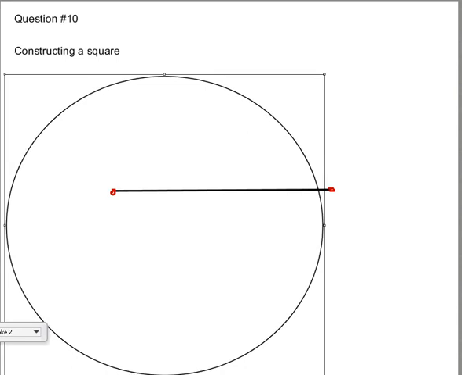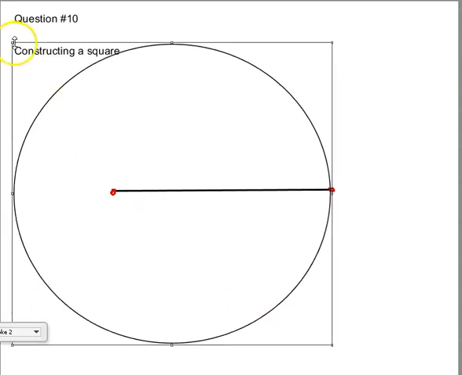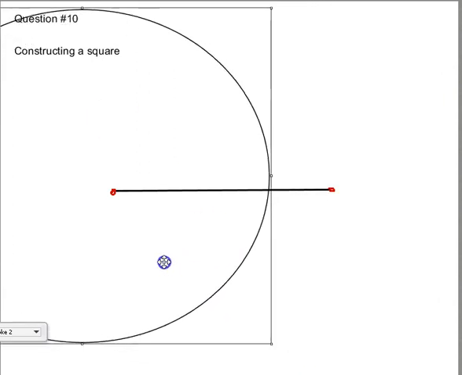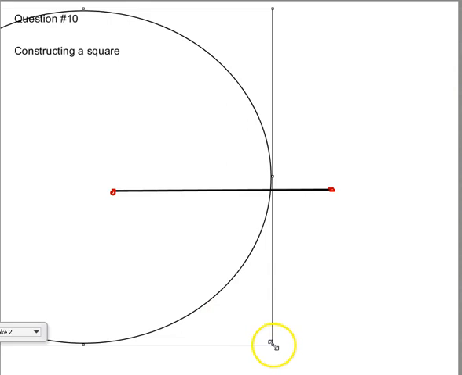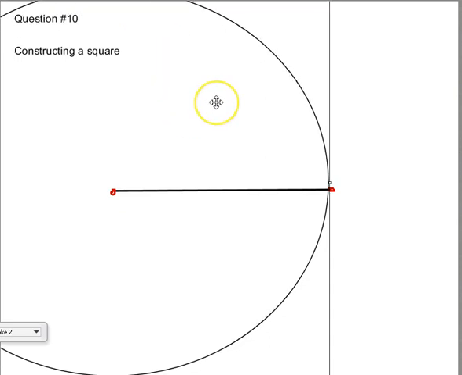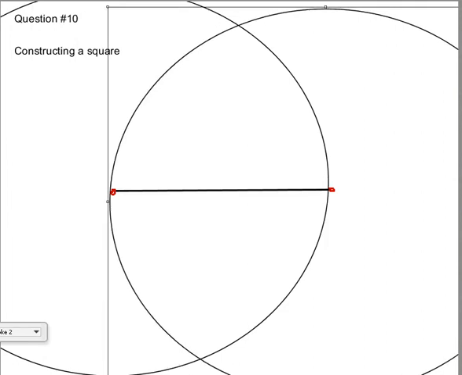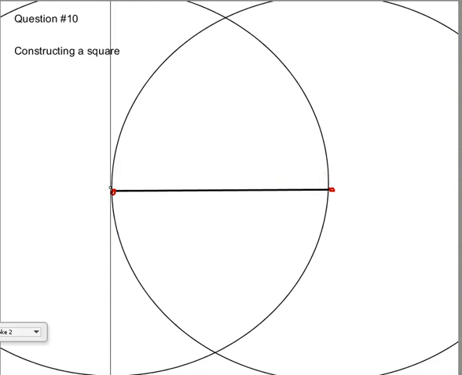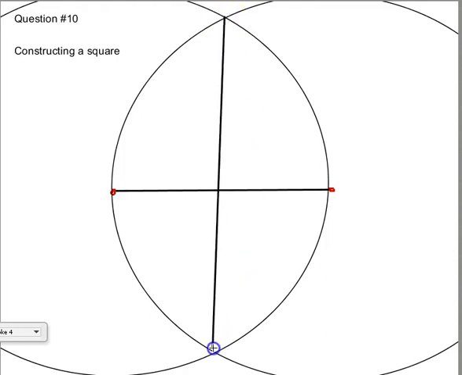I'm using a circle because you can't use a compass in Class Connect Blackboard. I wish you could. So we're going to construct a circle. Let's copy that and paste it so I don't have to do it twice. What we just did was construct a perpendicular bisector, and you can use this for problem number 1 as well.